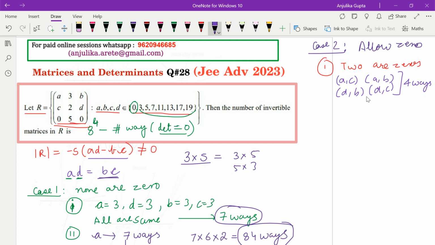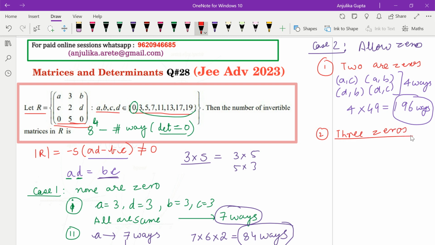Now two you have set to 0. The remaining 2 can take any of the 7 non-zero values. So 7 times 7, that's 49. 4 times 49 is 196. So 196 ways you can have two zeros. Now go to 3 zeros. Can you have 3 zeros? Of course. How many ways?